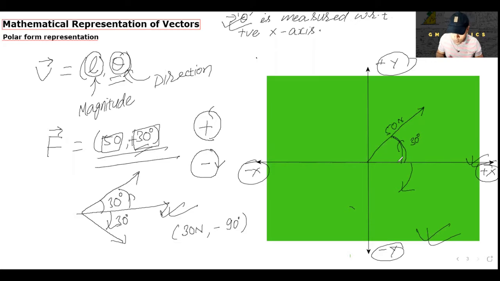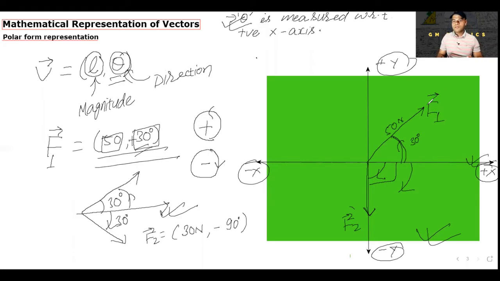So you have to go 90° in clockwise sense. And then you have to draw an arrow which will represent how much magnitude? 30 newtons. So this is the second vector. Let's call it F1 vector and let's call this F2 vector.